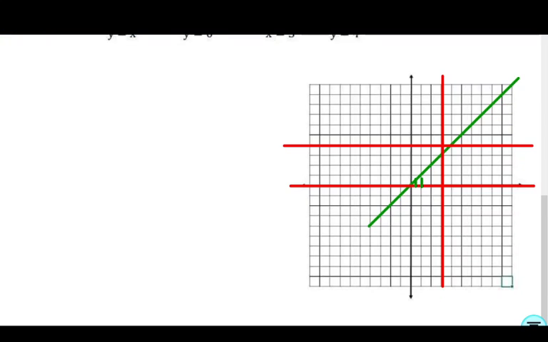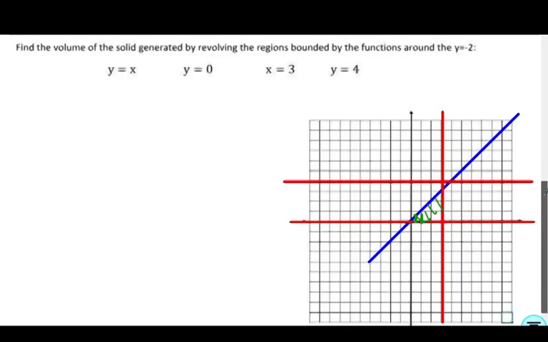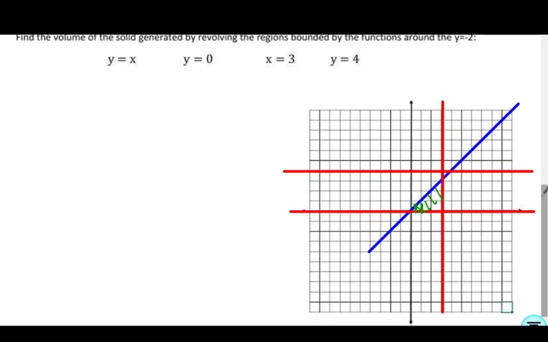Now, here's the difference. This area now, and I'm going to change this to blue so it matches what's up there. And then this is this area. Okay, the difference in this one is that we're going to be revolving the solid around y equals -2. So that's this line here.